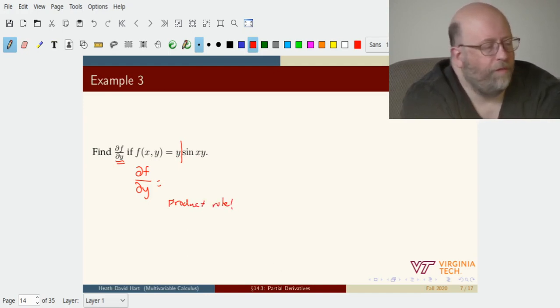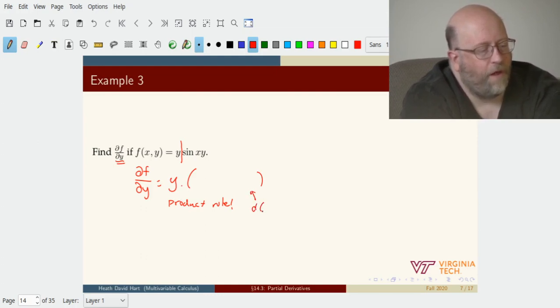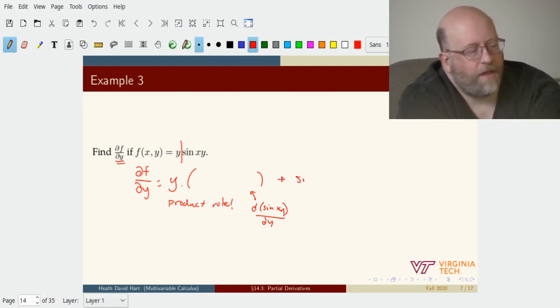Well, the product rule says we take the first function times the derivative of the second function. So this is going to be the derivative of sine of xy with respect to y, plus the second function times the derivative of the first function. And this is just the derivative of y with respect to y.